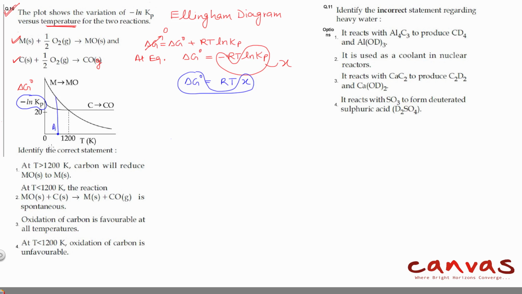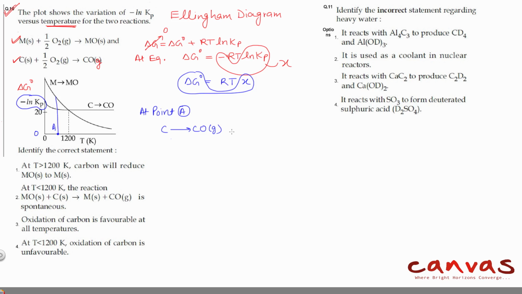Okay, so now we have two reactions, and we'll consider a point that is below 1200 temperature. Let it be point A. At point A, temperature is fixed, and the system will be in equilibrium. So we'll write the two reactions. At point A, the first reaction, carbon gives you carbon monoxide gas, and for this they've given values starting from 0 going up in a positive manner. Let us say at point A this is somewhere around 20.